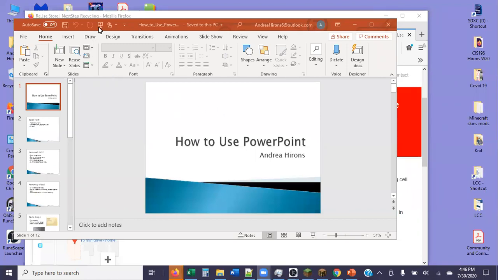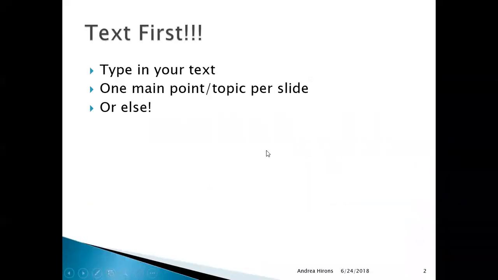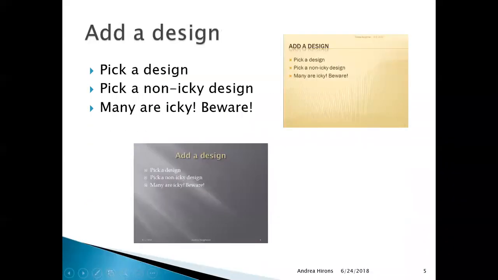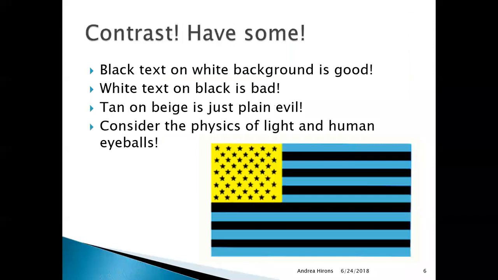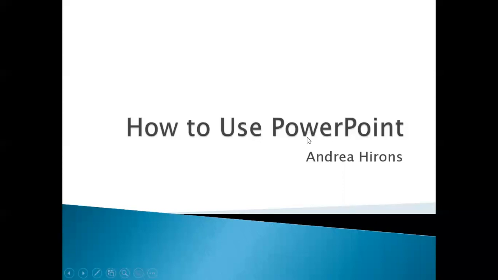So how to use PowerPoint. I'm going to turn this on as a slideshow. Up here on my quick access toolbar, I've got a slideshow button, start from beginning, and it puts me in as an actual PowerPoint. To go forward in PowerPoint, you click almost anything: the mouse, the space bar, enter, down arrow, right arrow, page down, any of those things will have you go forward.